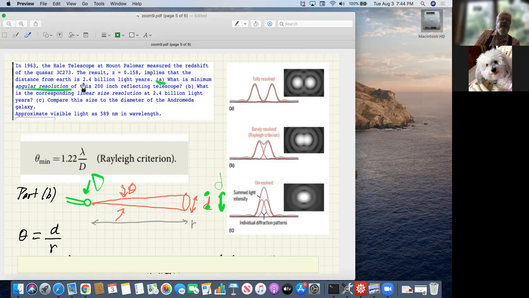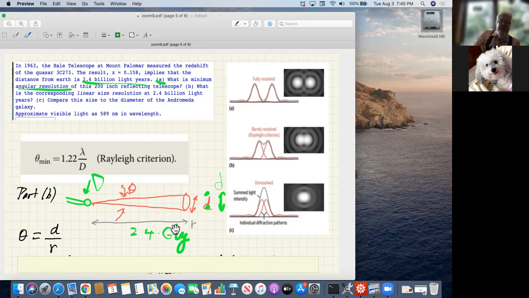This is the 2.4 billion light years, 2.4 giga light years. A light year is the distance that light travels in a year.